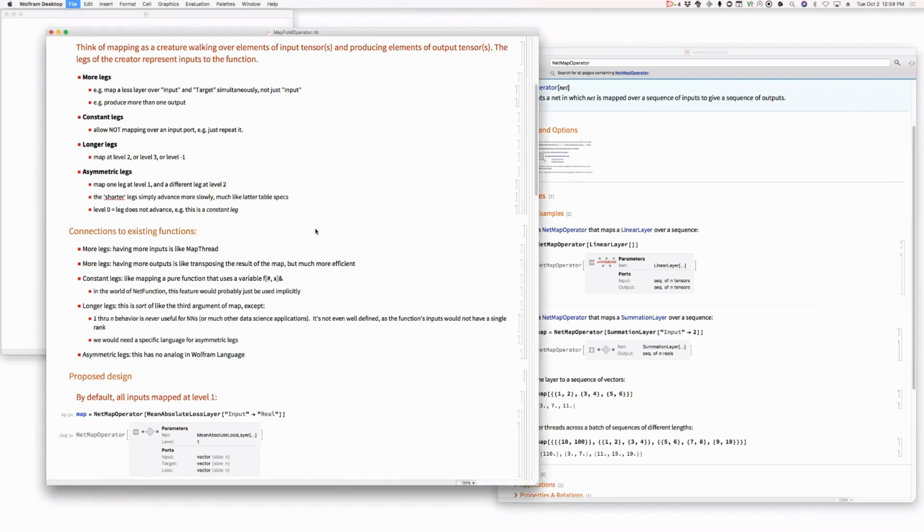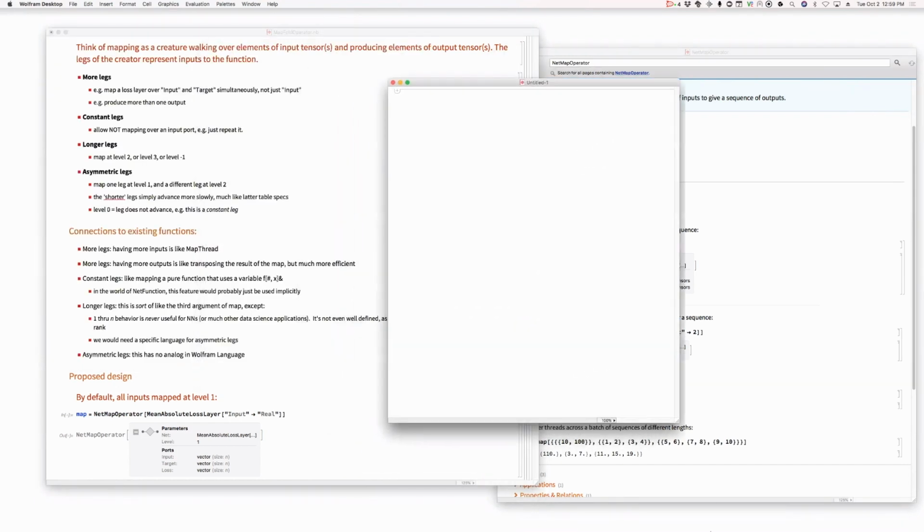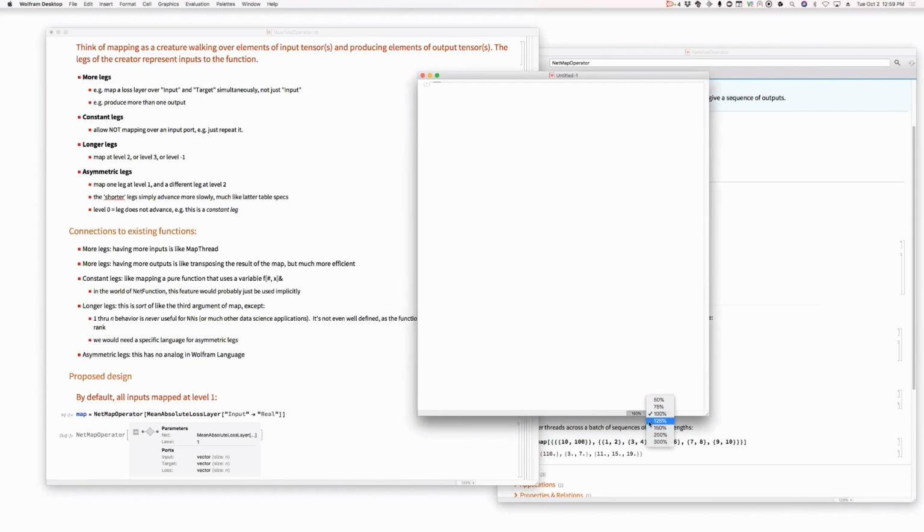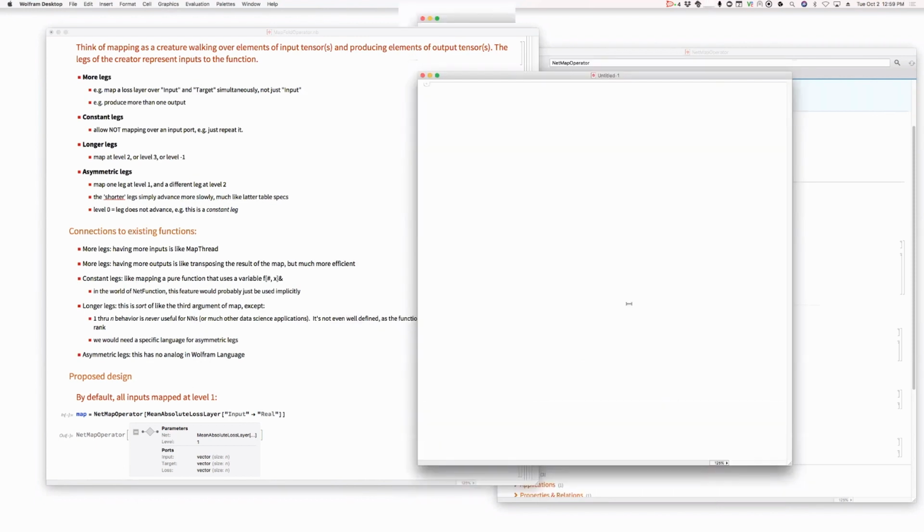But anyway, go ahead. So are you proposing, with respect to ordinary Map, okay, obviously ordinary Map just takes one argument. Are you proposing something where there's a multi-argument form there? Essentially, yes. There is a connection to MapThread, which is the multi-argument form.